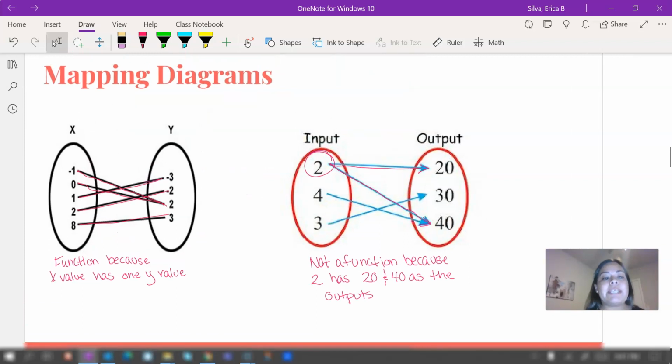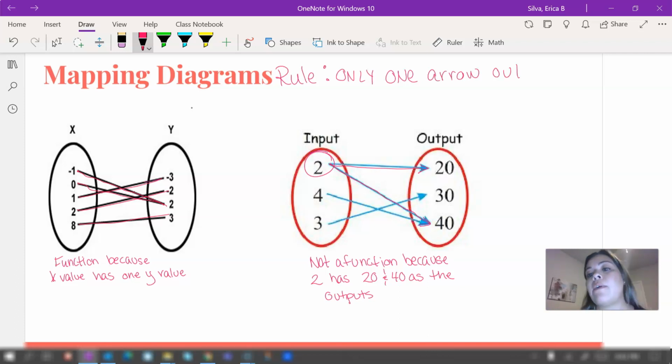So for the mapping diagram, one rule we can remember is it is a function if there is only one output. And remember those mapping diagrams, they're arrows. So only one arrow out of each input.